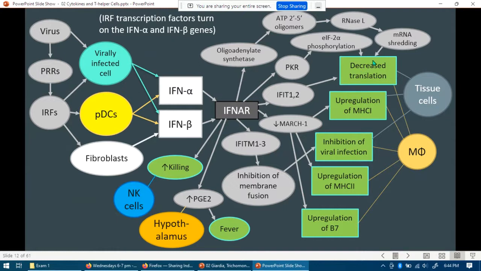But really what you should focus on here is the outcomes.